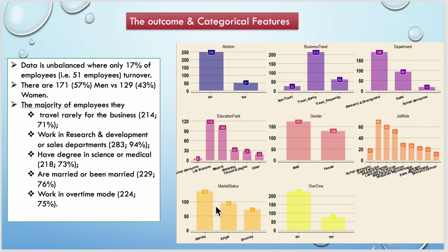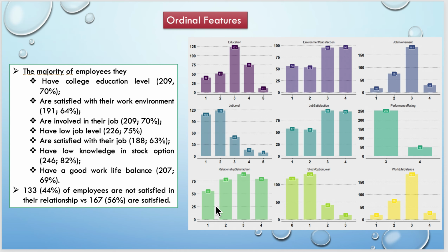Now some basic exploratory data analysis. The majority of employees traveled rarely for business, 71%, 76% were married, and 75% worked overtime, which was also very interesting. The majority of employees had a college education, about 70%. 64% were satisfied with their jobs, and a good work-life balance was about 69%.